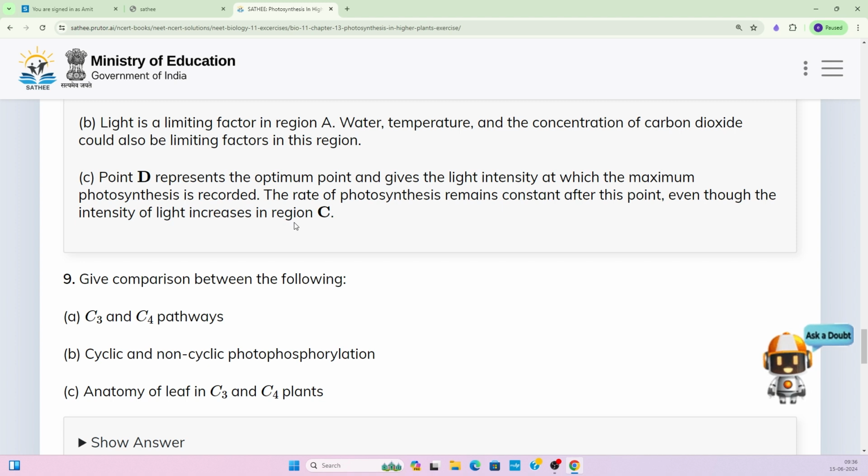So that is the light intensity. The rate of photosynthesis remains constant after this point, even though the intensity of light increases in region C, right? So the rate of photosynthesis remains constant at this point, even though you increase the intensity of light at region C.